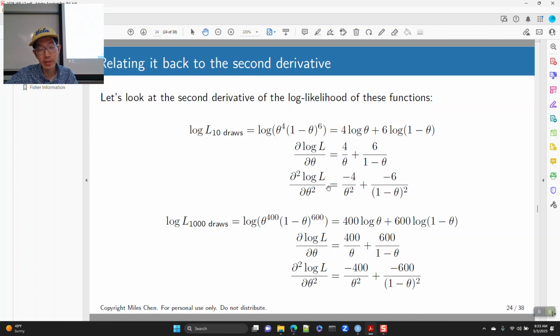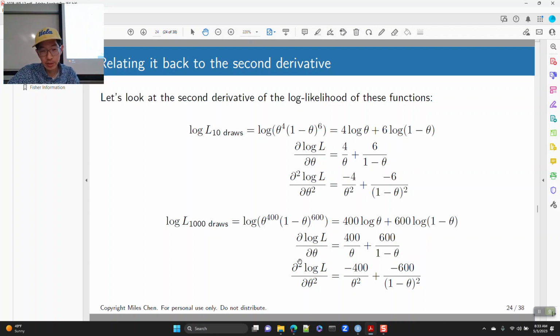And here I have the second derivative, negative 4 over theta squared plus negative 6 over 1 minus theta squared. Same thing with the 1,000 draws: basically, I end up with the same thing, but times 100, negative 400 over theta squared plus negative 600 over 1 minus theta squared.